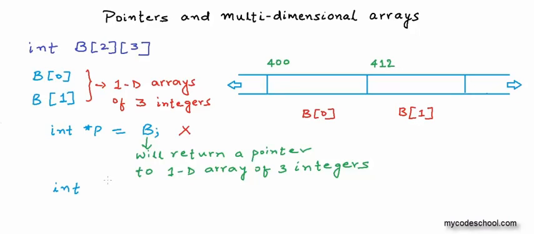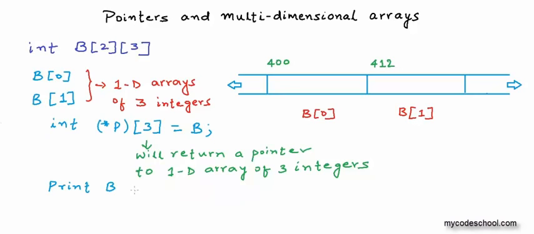We can define a pointer to 1D array of 3 integers like this. And now if I'll equate this with p, this is alright. Equate B with p. This time if I would print just p, which is same as printing address of B0, this will be 400.